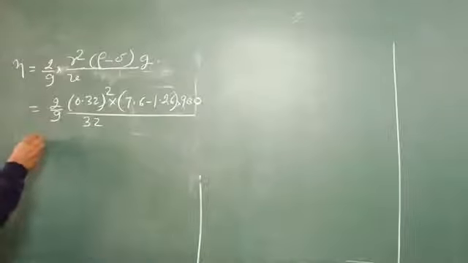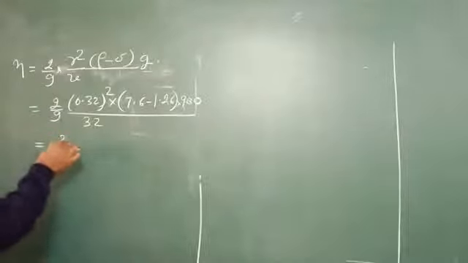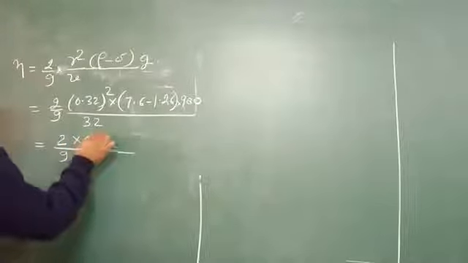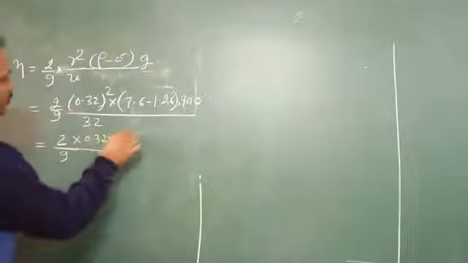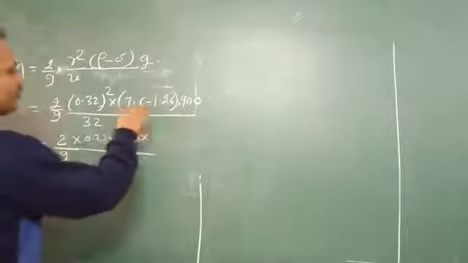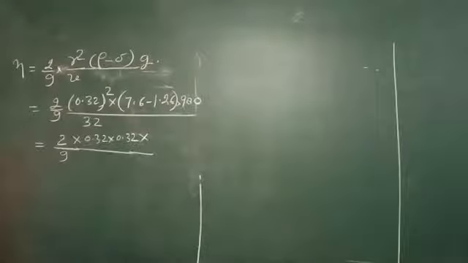So you can change it. So 2 upon 9 into 0.32 into 0.32 into 1.26. So we will change this.